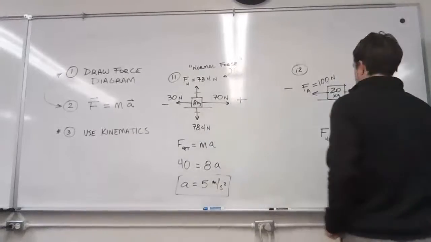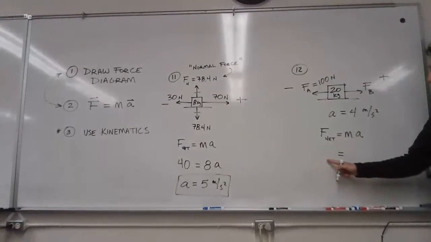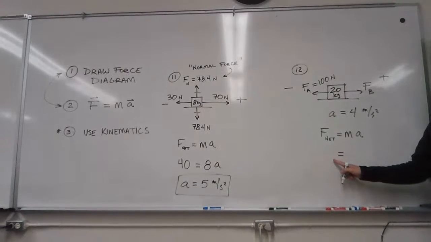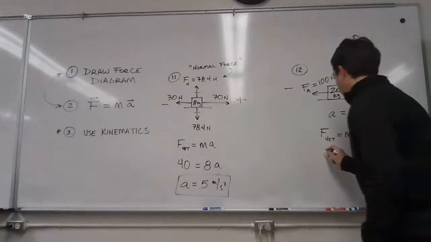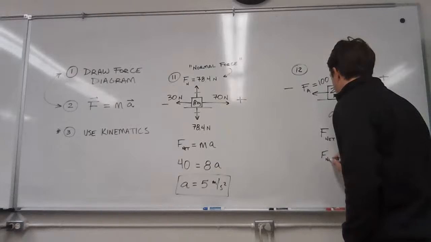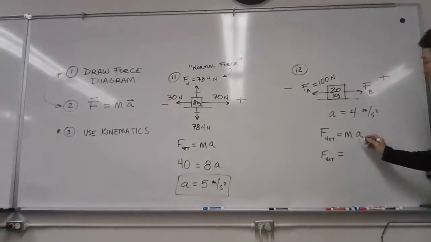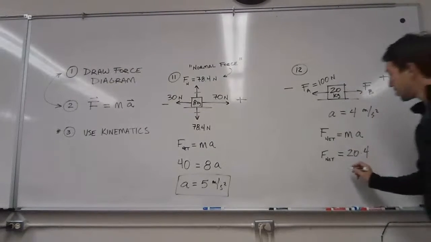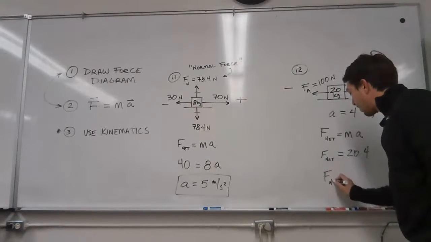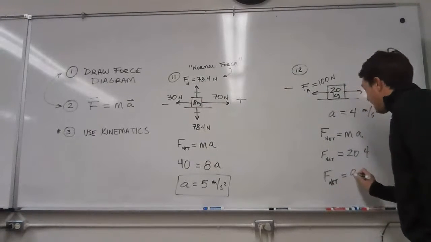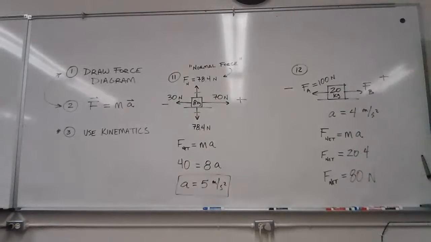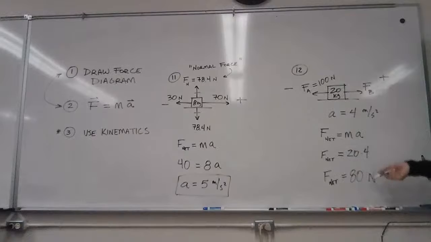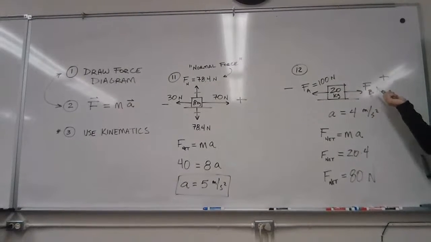Now, what I'm saying is I could write right here F sub B minus 100. But I find a lot of people prefer to just keep it as F net. What's the mass? 20. What's the acceleration? 4. So if I know that the net force has to be 80 newtons, then just, I don't know, number sense wise, how big does this vector have to be? 180.